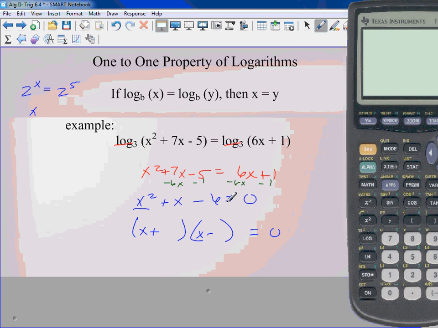Two numbers that multiply to get 6, but subtract to get 1. Which one's 2, which one's 3? 3 is plus, 2 is negative. My answers are -3 and 2. Correct. This catches on to the prior knowledge. Quadratics.